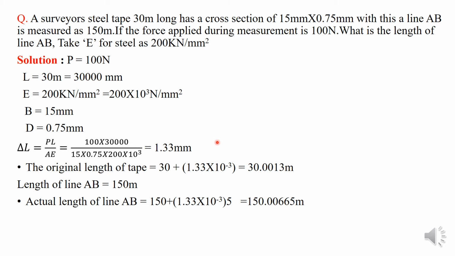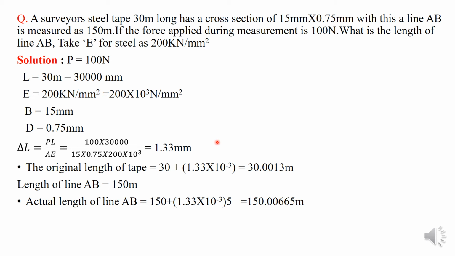So while applying a load of 100 Newton, we know there will be a deformation. So we have to consider the 100 Newton for finding that deformation value, and that deformation we have to apply for that 150 meter length. Okay, so that changing length will also appear in that line AB.